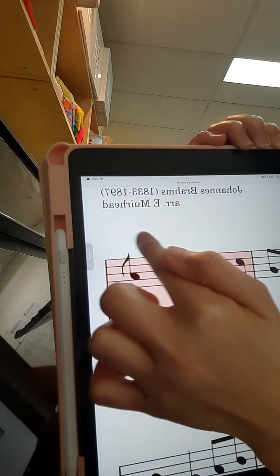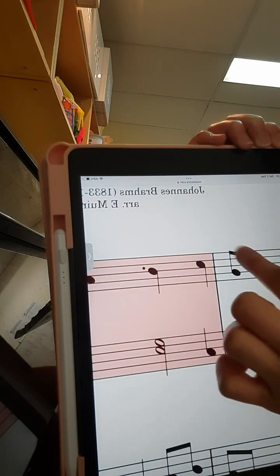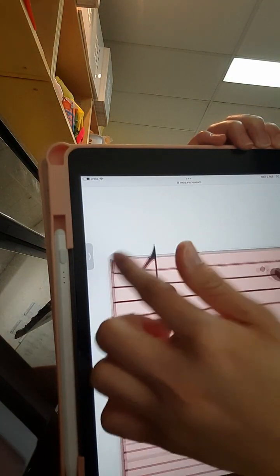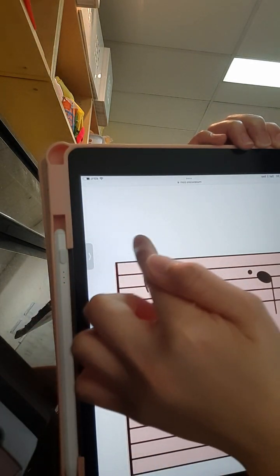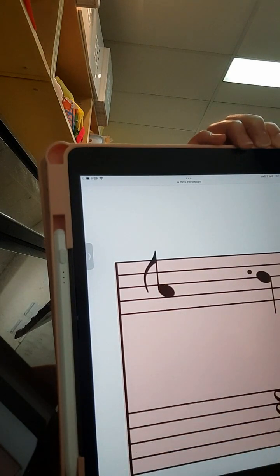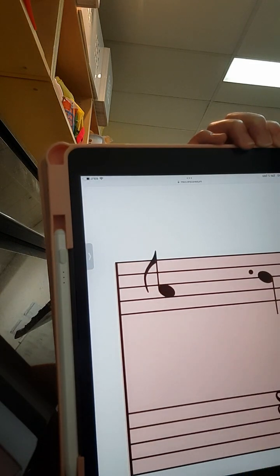However, there is 1 half note here, so this note is half beat, right? It's connected. However, if it's solo, if you only see 1 single note, we use the flag. We don't use the connected one, we use the flag. Okay, so this is half beat, this is 1.5. So if you add it up together, it becomes 2 beats.